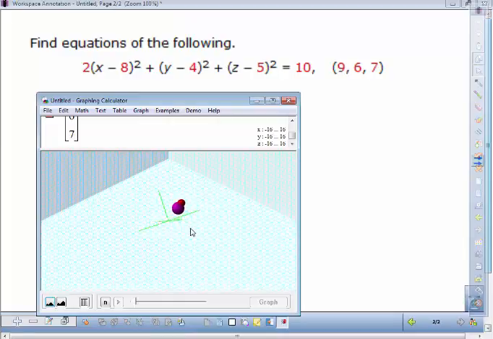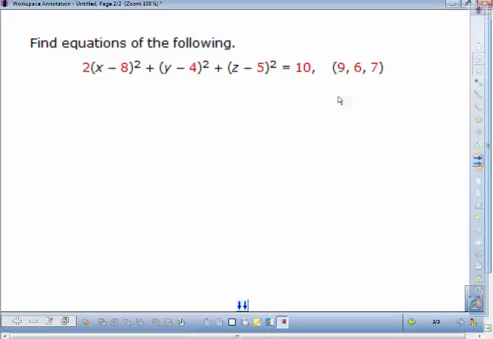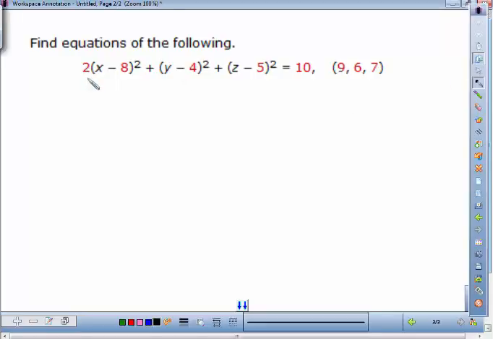This is in the first octant. There we go, it's there somewhere. So that point is actually on the surface. The first thing to note is that this is a surface.